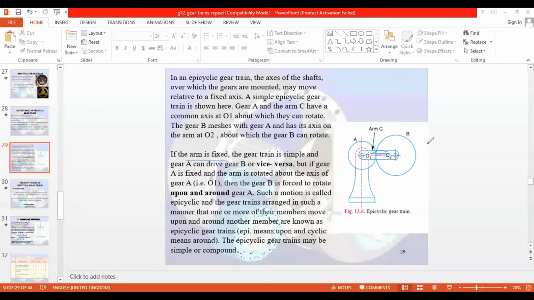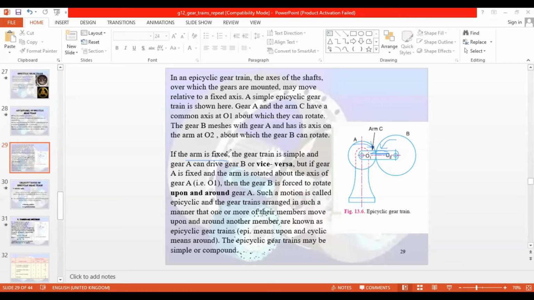The gear train is simple, and gear A can drive gear B. So if this is not rotating, what do you think? This will rotate this way, which means B will rotate this way, like simple gears, right? Because this C does not have any work now. If A is rotating anti-clockwise, B will be rotating clockwise, right?